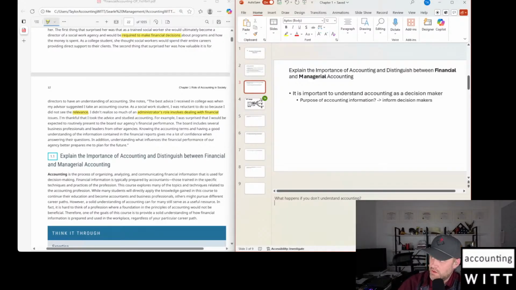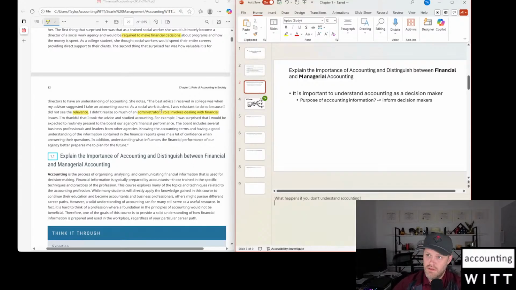You hear a lot of people talk about how they don't teach financial management in school and high school, and people don't know how to budget and all these things. The same way, if you're going to be an entrepreneur or a manager or an administrator, any kind of decision maker in a business, you don't know accounting, it's going to be really hard.